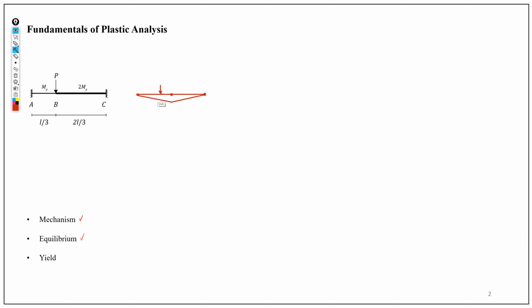This is the place of our force. Here the length will be L over 6. This is L over 2. Anyways, this is theta. Then because of symmetry, this will also be theta. The deformation here will be L theta over 3.